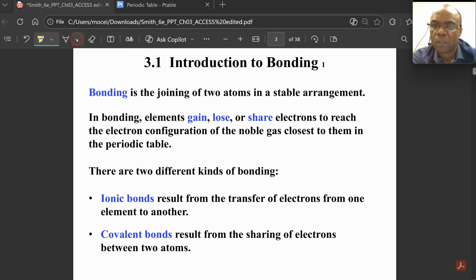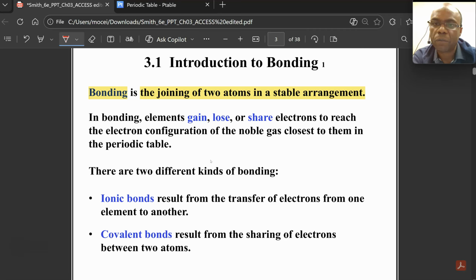Let's dig in. What is bonding? Bonding in chemistry is the joining of two atoms in a stable arrangement. And I'll have you know ahead of time, in chemistry, a single bond, any individual bond, is made of two electrons.